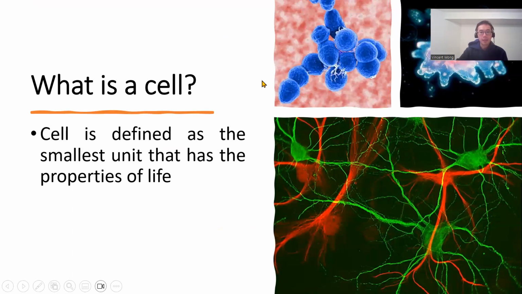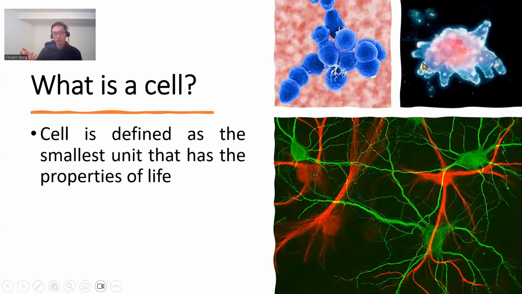Here is a slide that shows you the different types of cells and the variety of cells. In terms of what cells look like, they are as diverse as living things in general. So over here, this is a bacteria. We call these coccus, because they are like little spheres. Sometimes they grow in clusters, sometimes in chains.